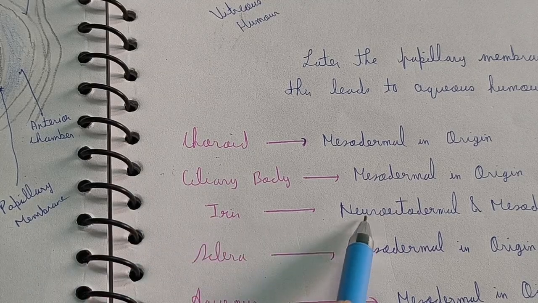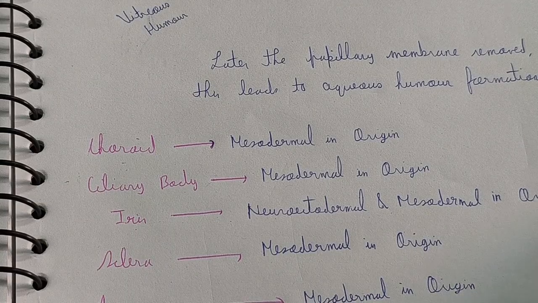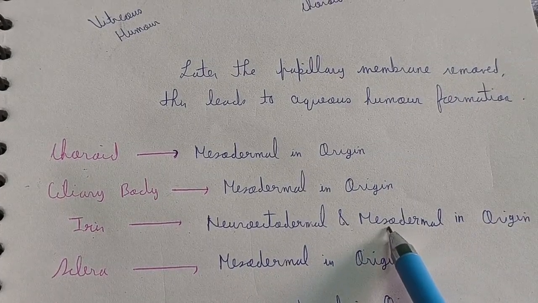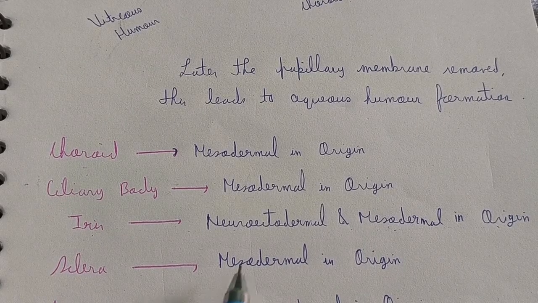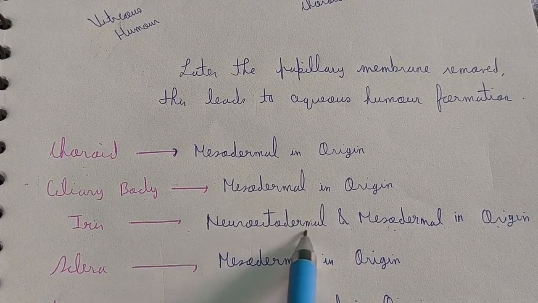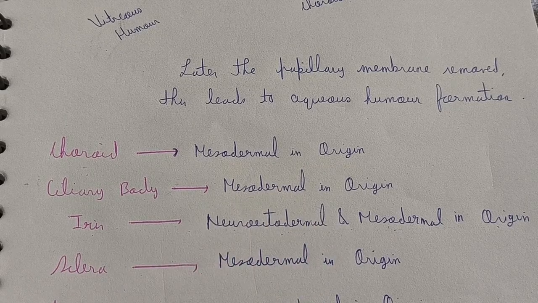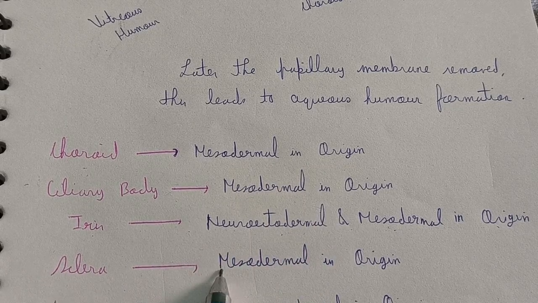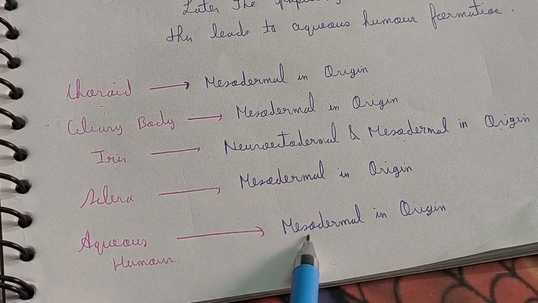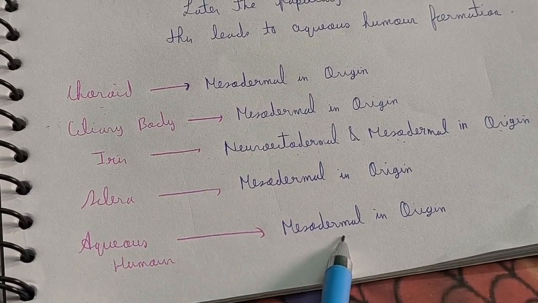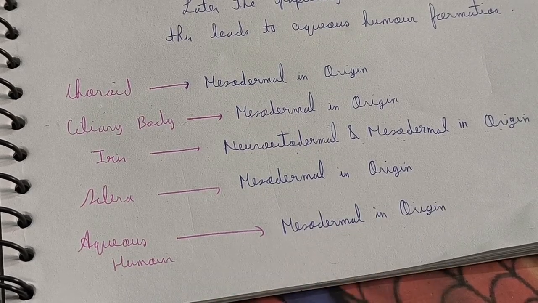The iris is both neuroectodermal and mesodermal in origin because it is made from the anterior extension of the choroid, so mesodermal, but the optic cup forms the musculature of the iris, so neuroectodermal as well. The sclera is formed from the outer mesenchyme, so mesodermal in origin, and the aqueous humor is formed from the splitting of mesoderm, so it is also mesodermal in origin.